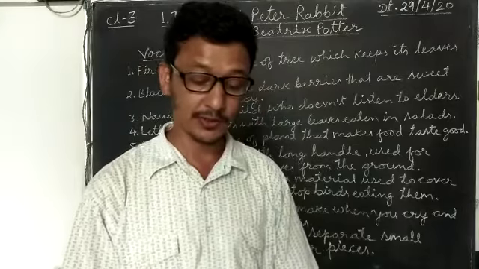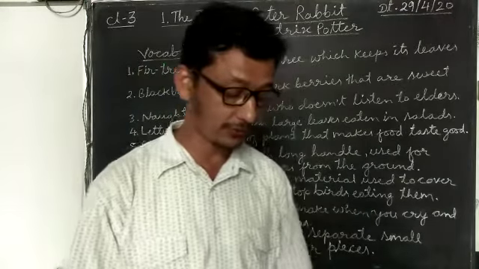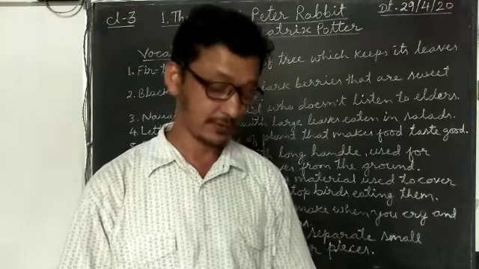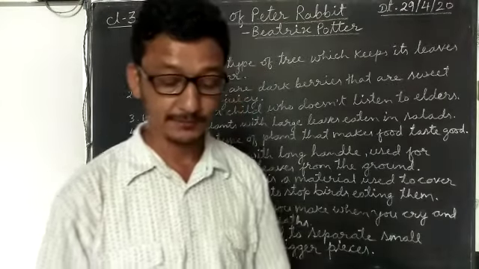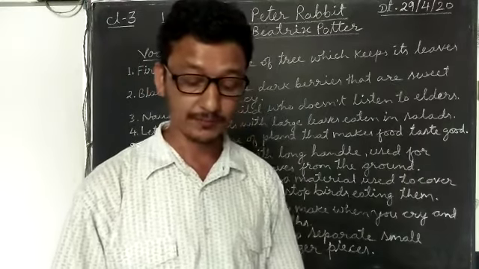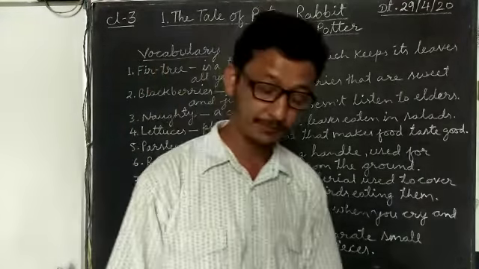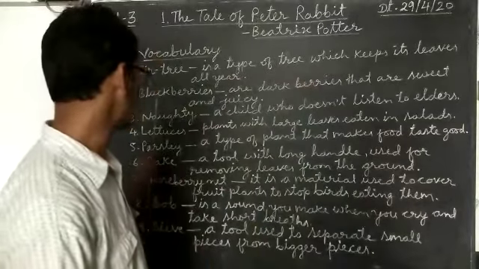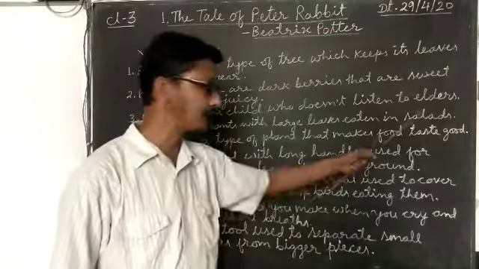But Peter was a naughty little bunny, so he did not follow the suggestions of the mother, and he entered McGregor's garden. First he ate some lettuces and some French beans, and then he ate some radishes. Lettuces, plants with large leaves eaten in salads.